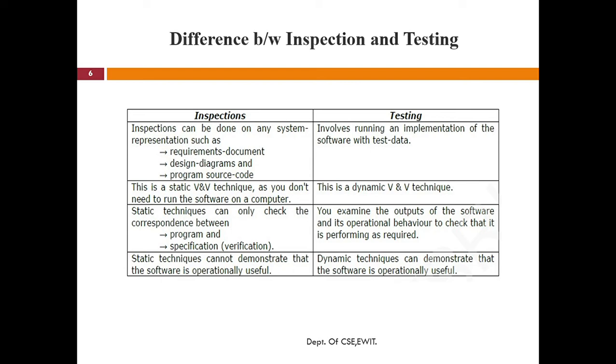The third major difference is that inspection can only check the correspondence between the program and the specification. What has been specified, and in what way the program has been executed, will be checked in the inspection stage. Whereas in testing, you examine the output of the software and its operational behavior to check that it is performing as required.